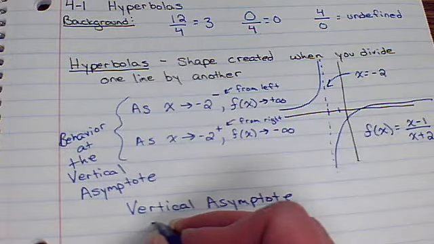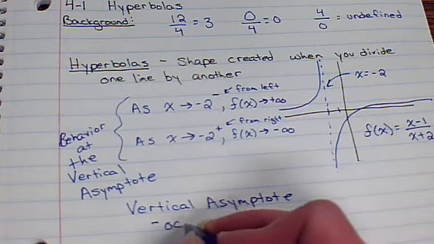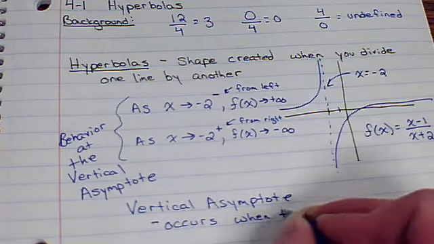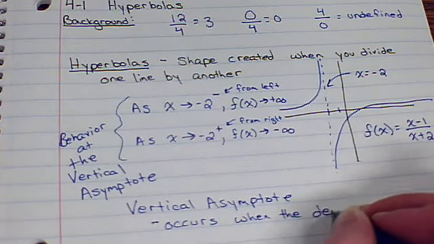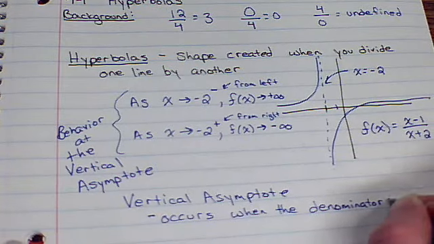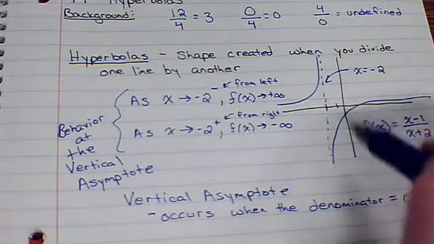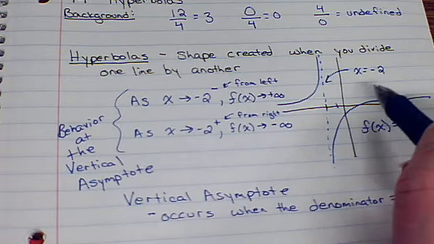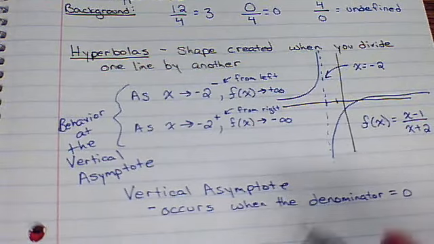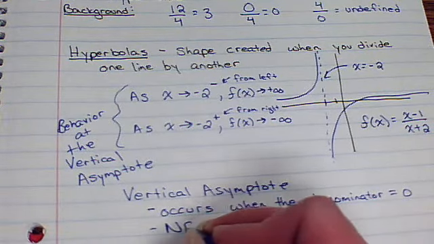The next thing is, the reason it's occurring, it occurs because the denominator is 0 at that value. We represent it by this vertical line, and the function never actually touches it. It is never touched.